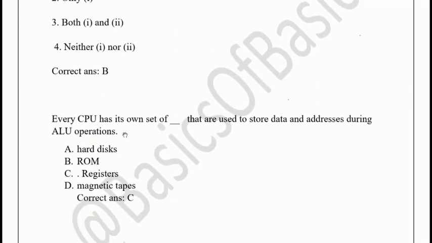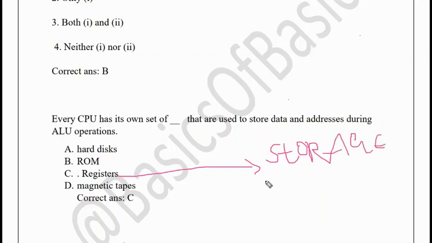Every CPU has its own set of dash that are used to store data and address during ALU operation. So that is registers. I'll explain what registers are. These are known as storage memory, storage spaces. You would have heard that the hard disk is of 1 TB, 500 GB, etc. So there will be numerous registers where each type of storage is kept. In the total number of registers, there will be specific registers where it will store only specific information.